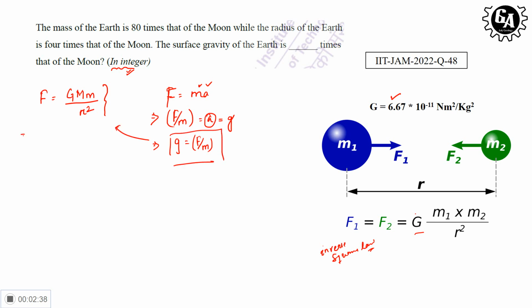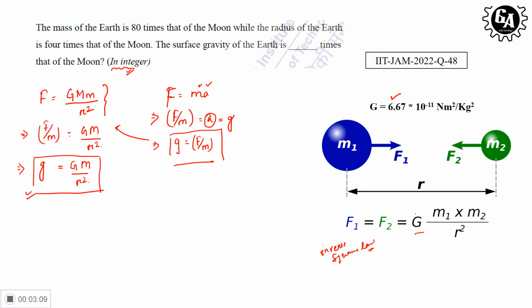For Earth, F by m is equal to GM by r square. Now this is equal to your g, the acceleration due to gravity or the surface gravity. g is equal to GM by r square.